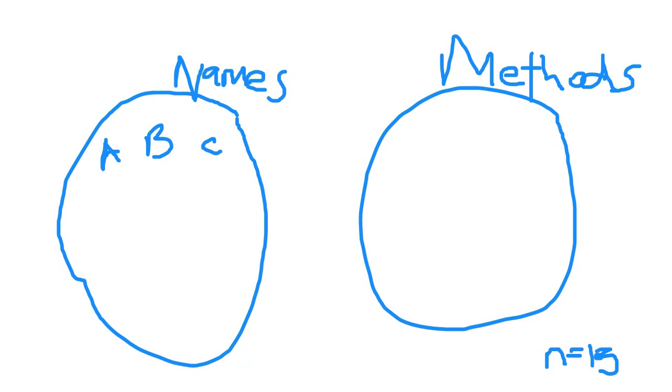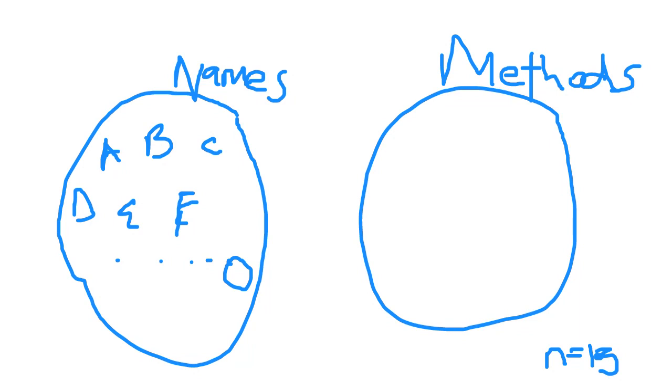Let's categorize them as A, B, C, D, E, F, up to number 15. Is it K, L, M, N, O? Up to O. These are the names of the 15 students.